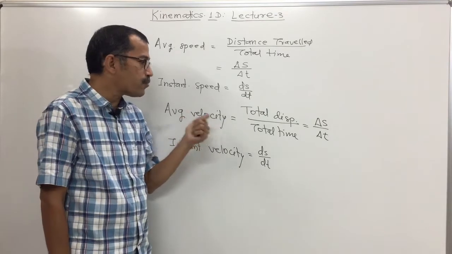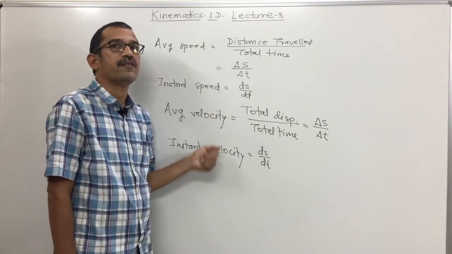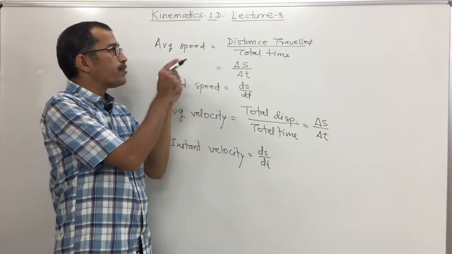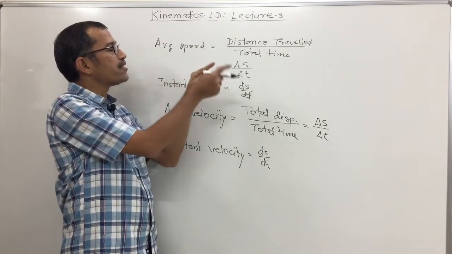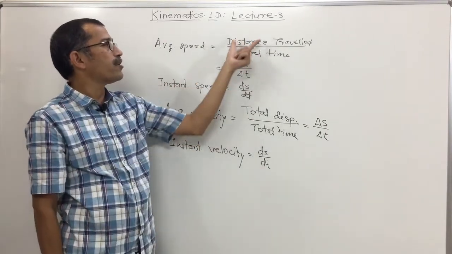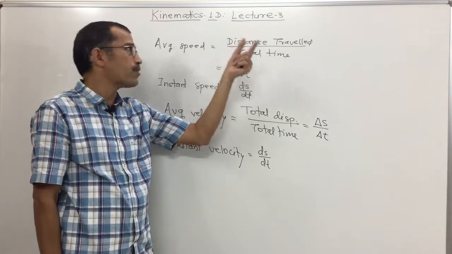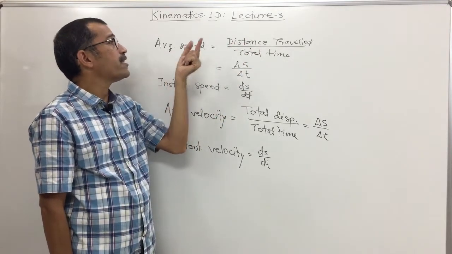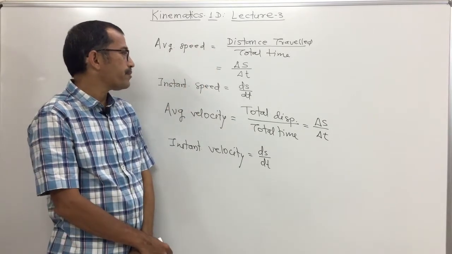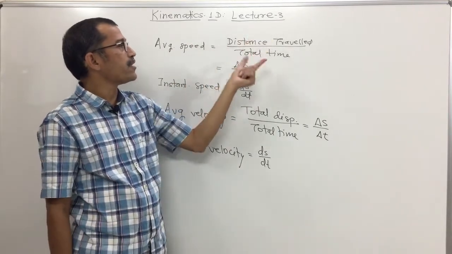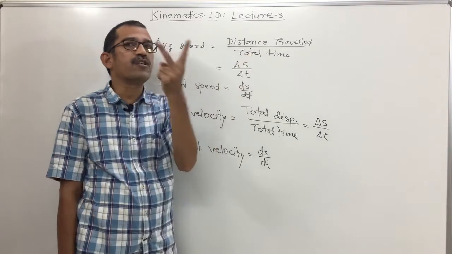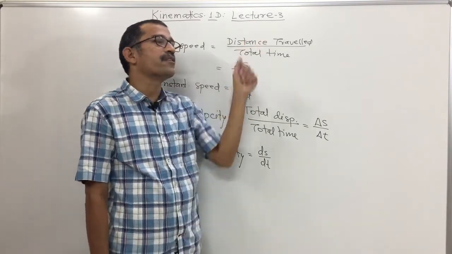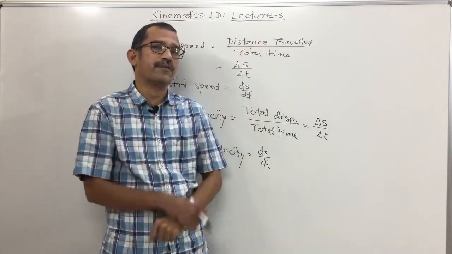Now the next important term is acceleration. First, the ratio of distance traveled upon time gives speed. Now say this speed is constant, what does it mean? Say in 2 seconds the distance traveled is 10 meters.